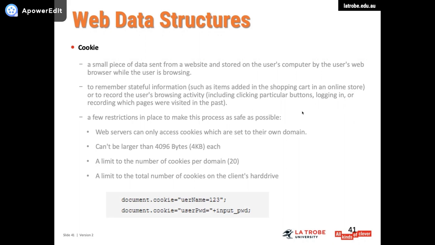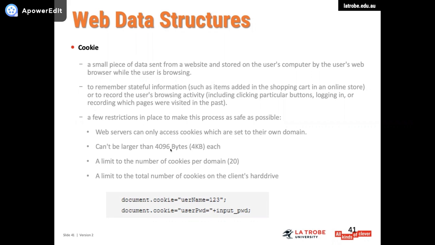Then you may ask, since these cookies remember our browsing activities, such as login information, is this cookie safe to use? Can someone steal our login information by reading the cookie? To answer the question, you have to know more about the cookie. Here are a few restrictions in place to make this process as safe as possible.